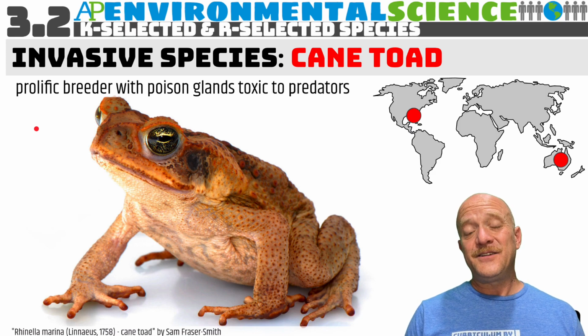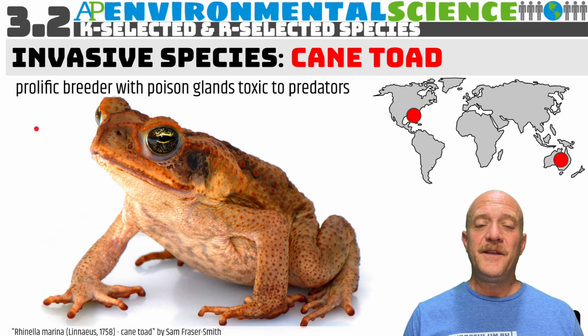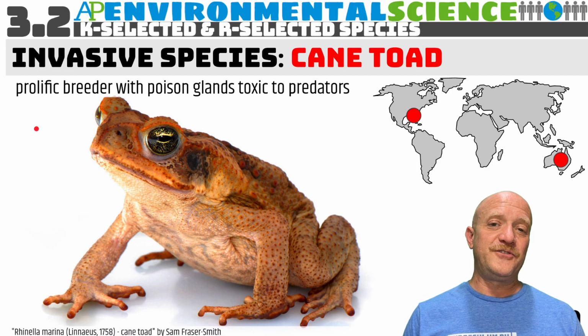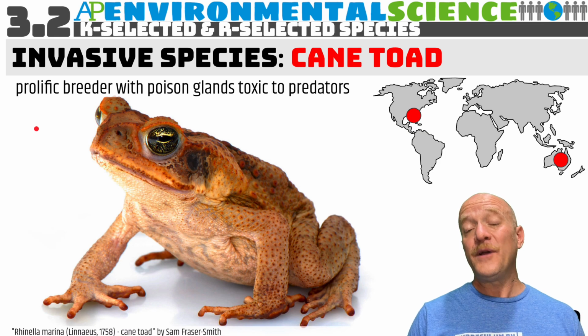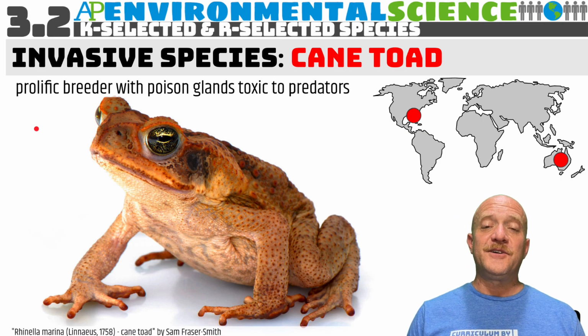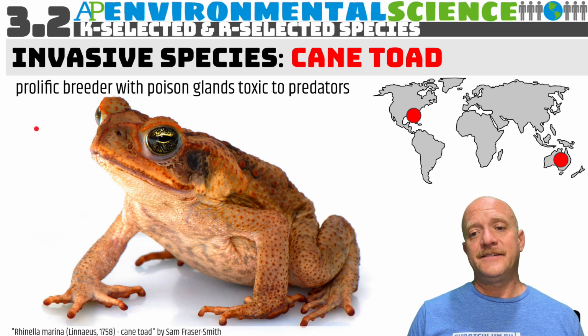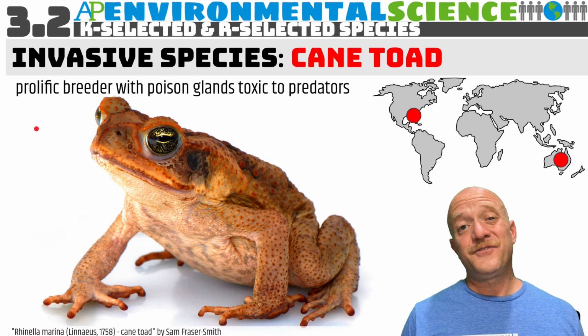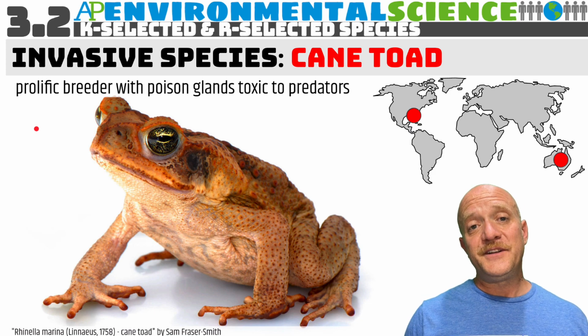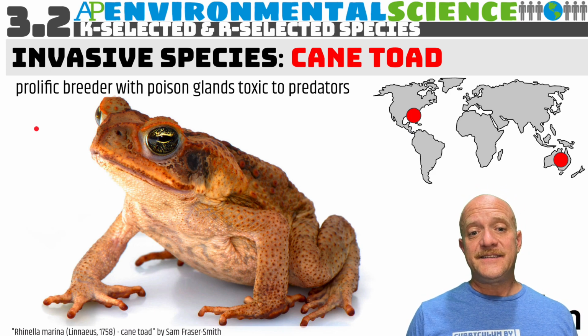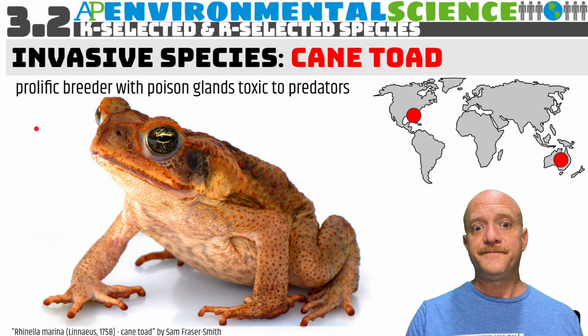One thing about the cane toad is they secrete toxins, so when any animals would try to eat them, they would die because they were not adapted to the poison. The cane toads also had voracious appetites. So they were brought into Australia, where they are a hugely invasive species. They've also been showing up in the southern United States, most notably in Florida.